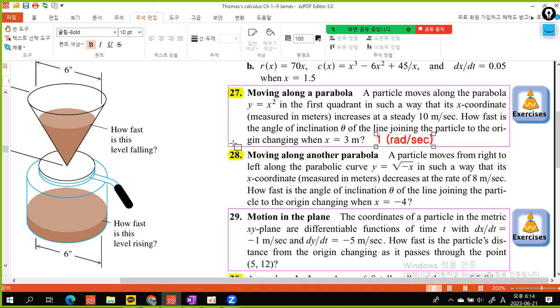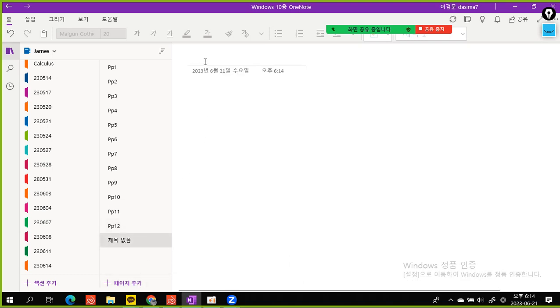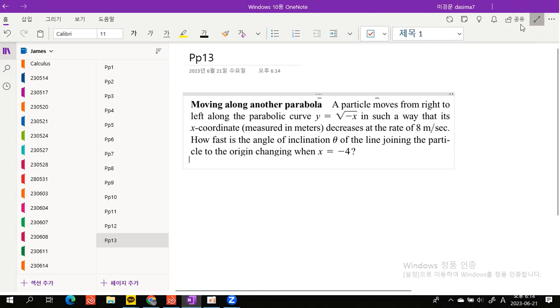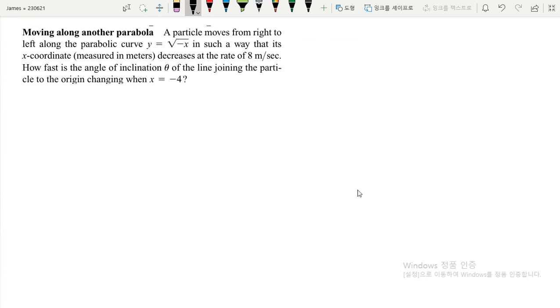Let's think of another graph. Once again, we want to find the rate of change in the angle. So if we square the given equation, y squared is minus x.